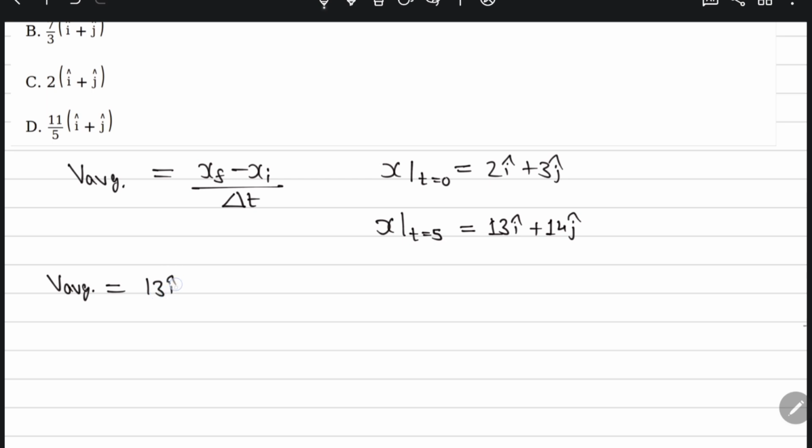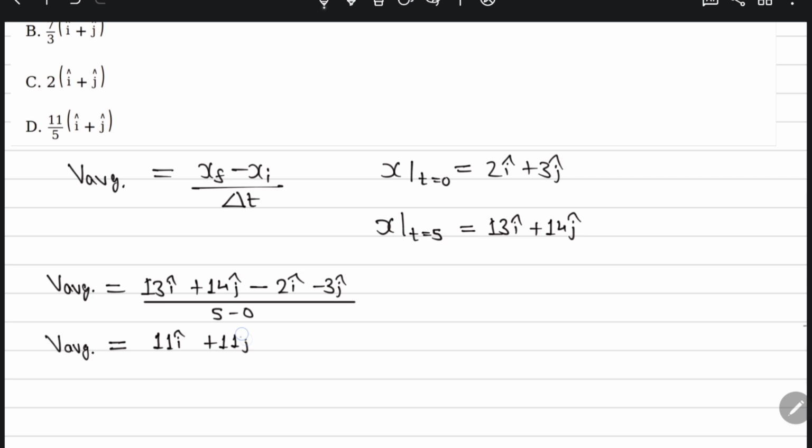That is 13 i cap plus 14 j cap minus 2 i cap minus 3 j cap, divided by the time interval 5 minus 0. So V average comes out to be 11 i cap plus 11 j cap divided by 5, that is V average is equal to 11 by 5 times i cap plus j cap.